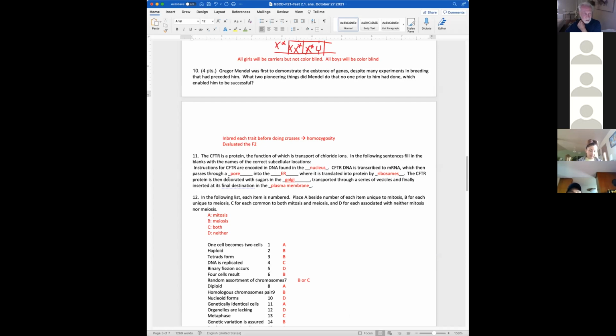And I accepted many different answers here as long as it reflected some kind of an opening, into the endoplasmic reticulum, where it is translated into protein by ribosomes. Then it's decorated in the Golgi apparatus, and then transported through a series of vesicles to the plasma membrane.